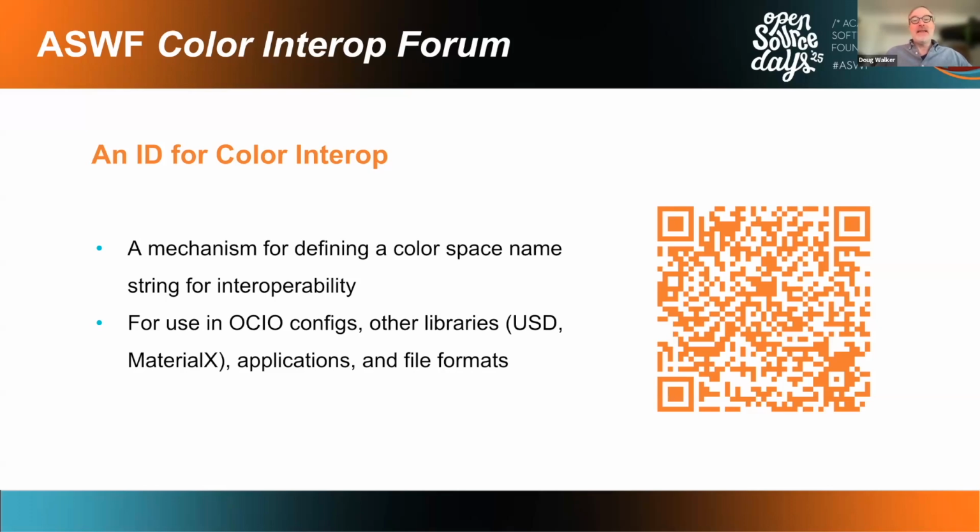Now, this is something that would be in the OpenColorIO config itself as a separate attribute of a color space. You can read the draft specification using this QR code here, and we'd be looking for your feedback. This is a Google Doc, so feel free to read that and make comments in the margin on that. Next slide, please, Carrie.